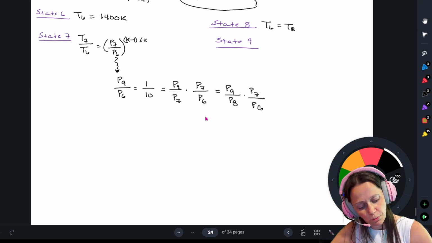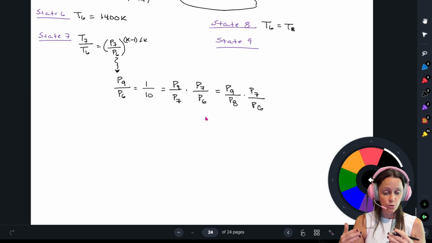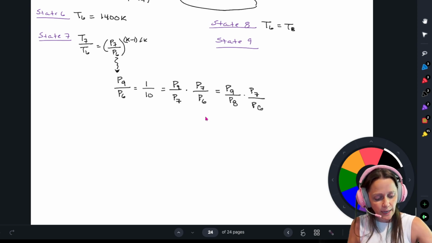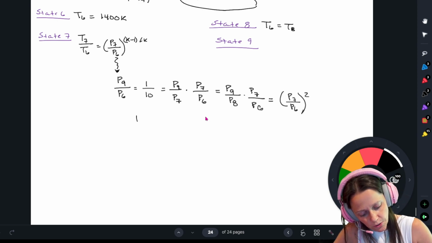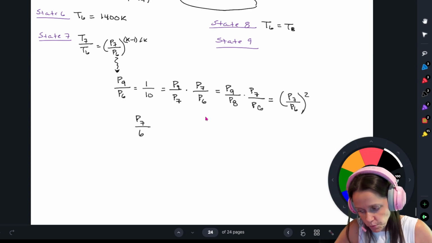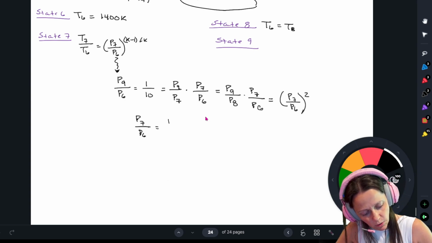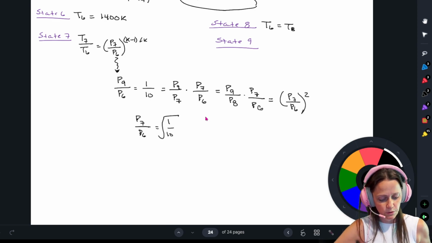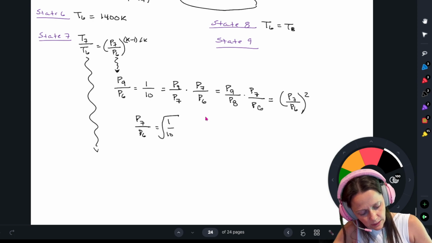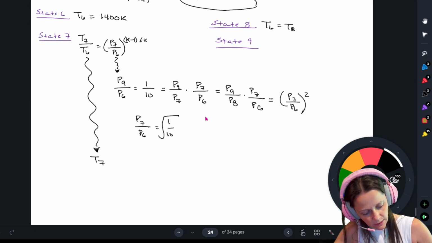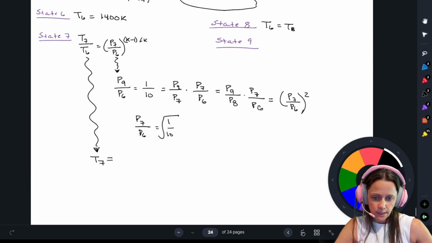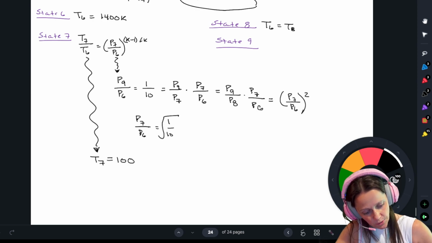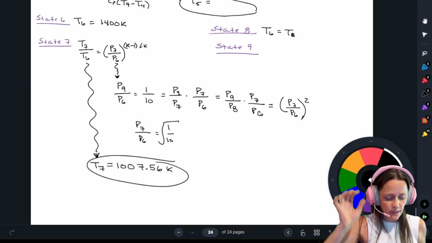Those two pressures were told to us to be equal to one another. Those are the pressure ratios across each of those turbines. And so I could rewrite this as P7 over P6 squared. So now I know P7 over P6 is just equal to the square root of 1 over 10. And so now I can get T7. T7 ends up being 1007.56 Kelvin. So that's one of the things I need.